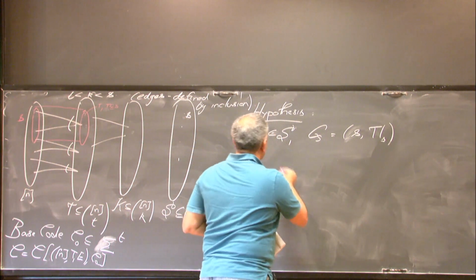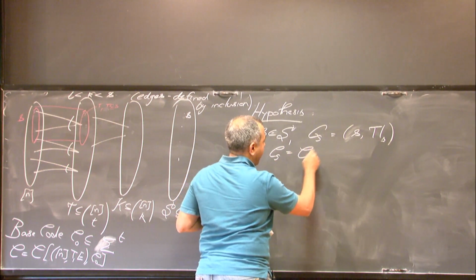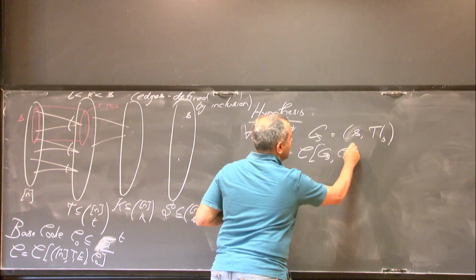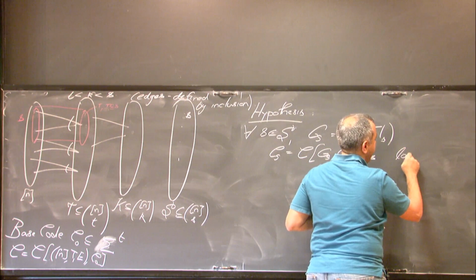You can ask if this code, the code C_S, which is the lift of G_S and C0, is locally testable.